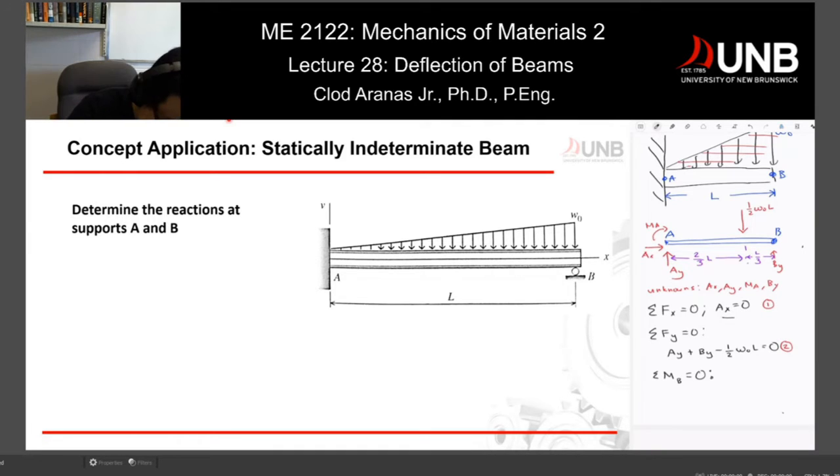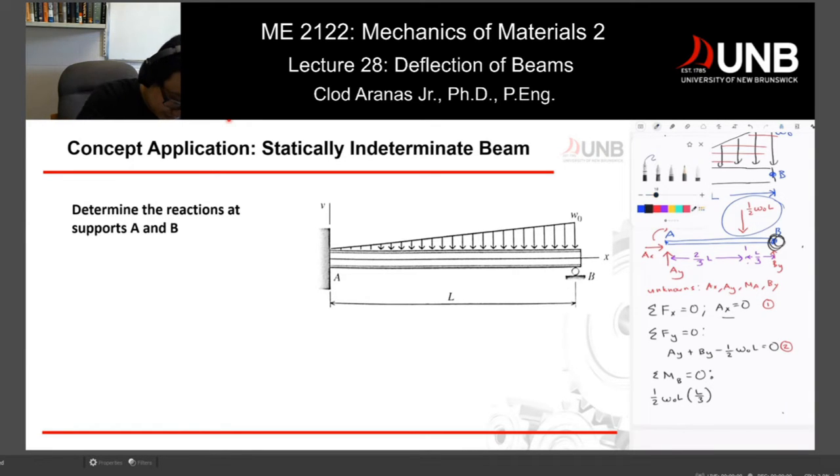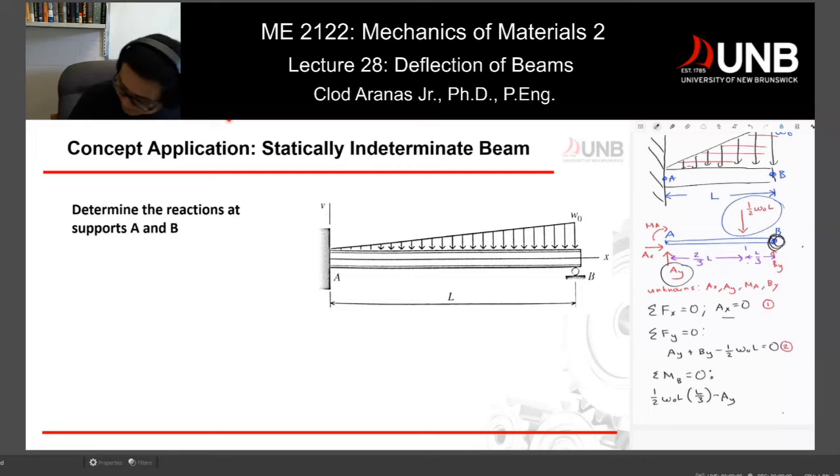So take note, I'm summing it from this part. So I'm moving B sub y. So I have 1/2 W naught L over 3, and that's the distance of this first load right here, minus A sub y. So I have my force at the end, A sub y, and that's for the whole length of my beam, and that's going clockwise, which is negative.